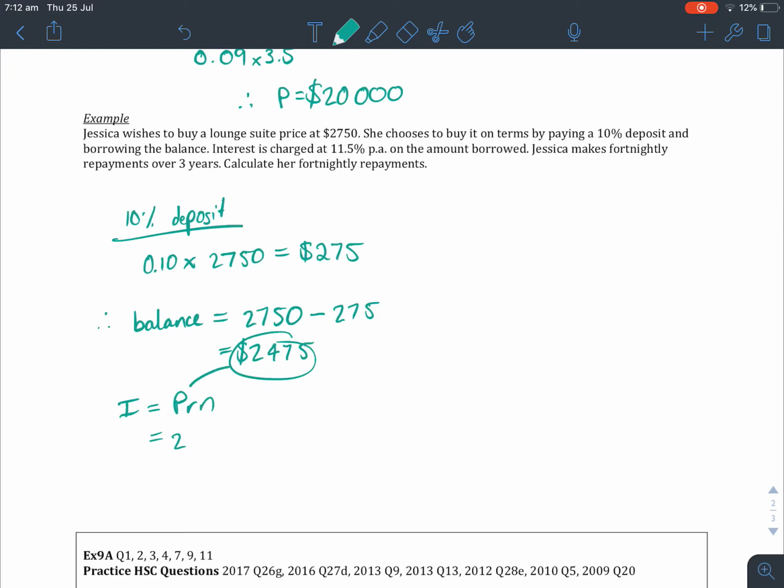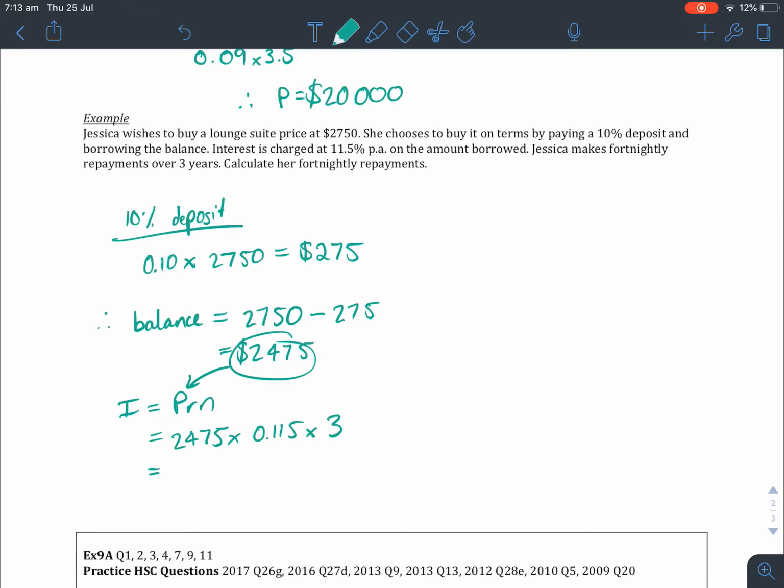Here is your principal, the amount that you are borrowing. 2,475 multiplied by your rate, 0.115, multiplied by the time in years, 3 years. All right, calculators out, 2,475 times 0.115 times 3.